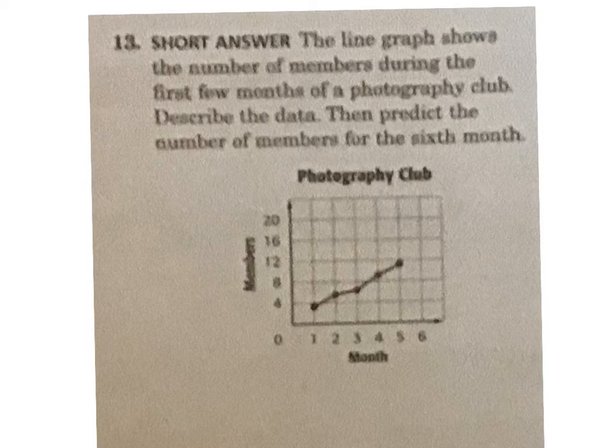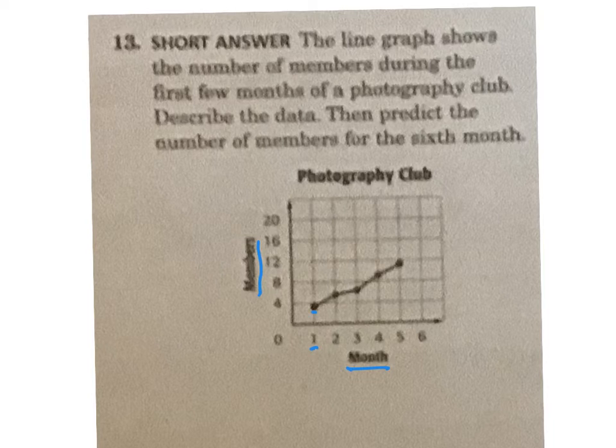Number 13 is a little bit tricky to do because you're not getting some exact numbers here, but it's giving you a graph here, and we have monthly. So in the first month, how many members do we have? I don't know if it's right on the 4, I would say 3.